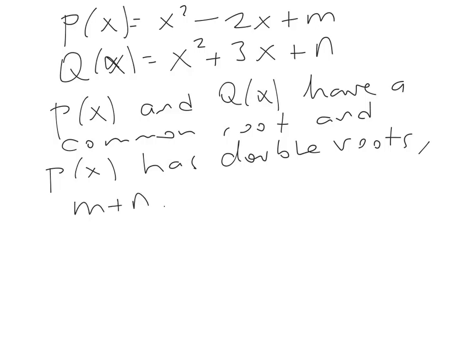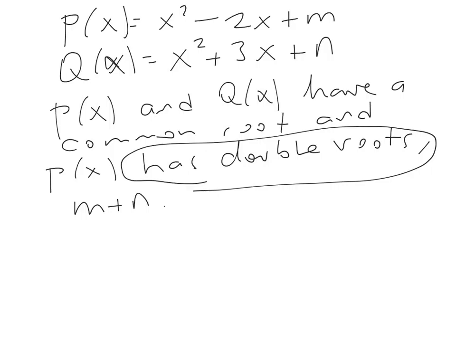The last question looks complicated, but it is a very easy question. It has a lot to do with quadratics that we covered earlier. P of x has double roots, meaning that, so let me ask you, what is the sum of the roots of p of x?